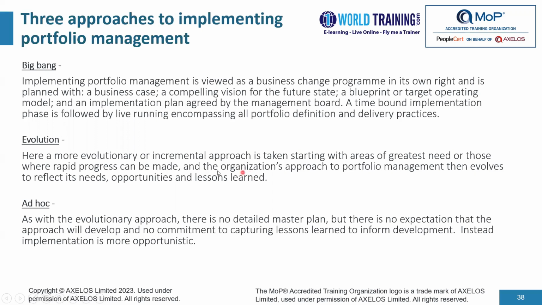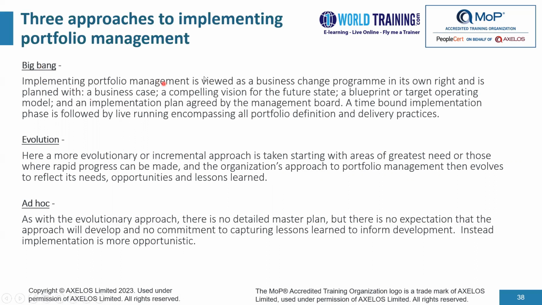Broadly speaking, when you think about implementing portfolio management in an organization, you can think about 3 approaches. The first approach being Big Bang approach. In this particular approach, we implement portfolio management in one single shot.